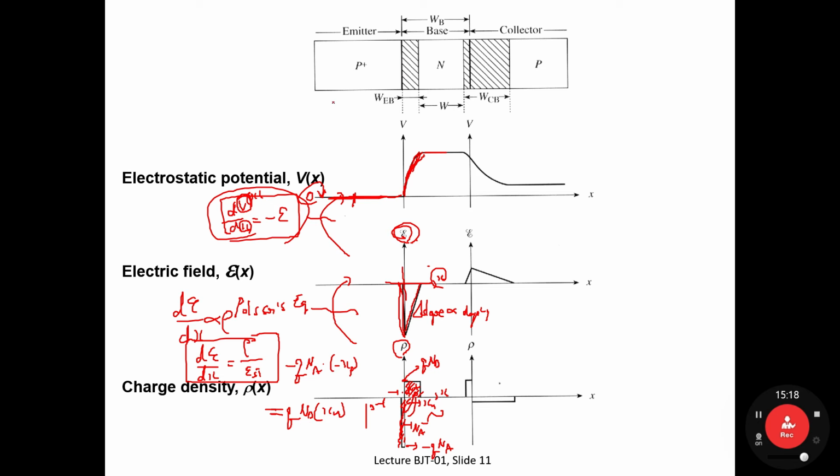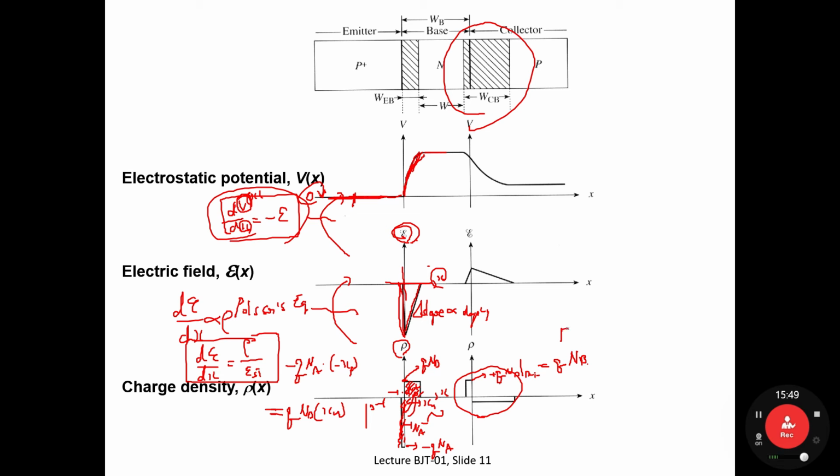All right. Now let's move on to the right hand side, the base collector junction. Everything is almost identical to what we have done for the emitter base junction. Herein the base collector junction, this part is again plus Q times N sub D of base. So instead of N sub D, I'm going to use N sub B, the base doping concentration.